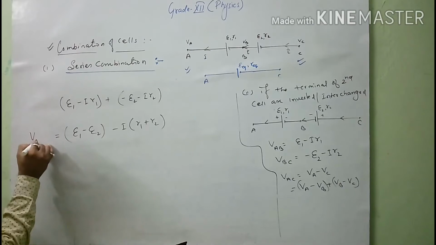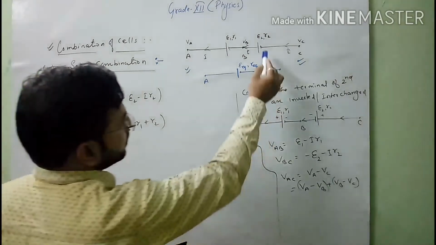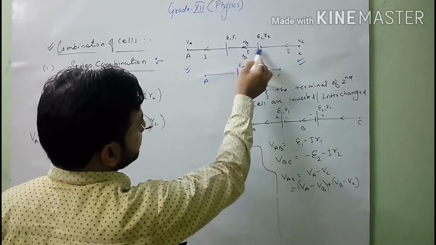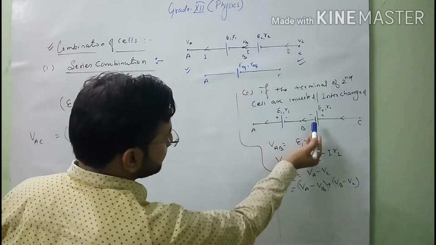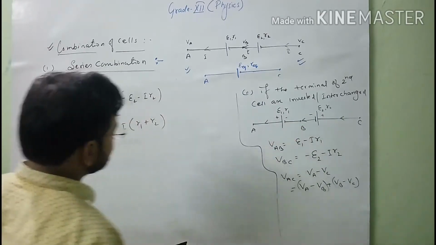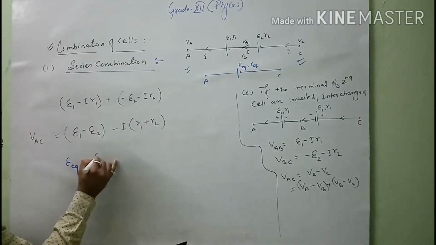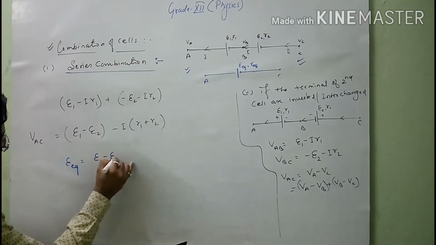So in this way I will write the electric potential difference between the terminals of AC when the terminals of one battery out of these two are interchanged, or you can say same type of terminals are interconnected. Means their diagram is this in the second case. So at that time I will write E equivalent is epsilon 1 minus epsilon 2.